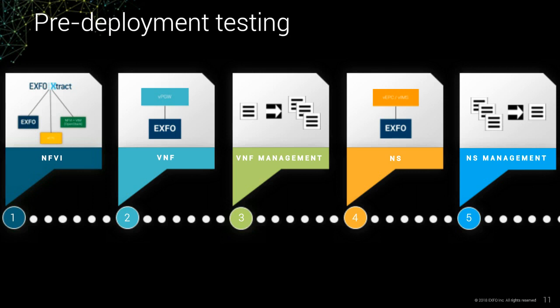So these are all the 5 things that we recommend to test. Now I'll explain every step: what exactly are the objectives that you should follow in testing every step, how do you actually perform the test, and what kind of KPI you will have to measure in every step.